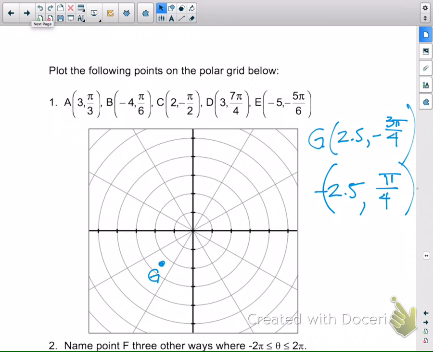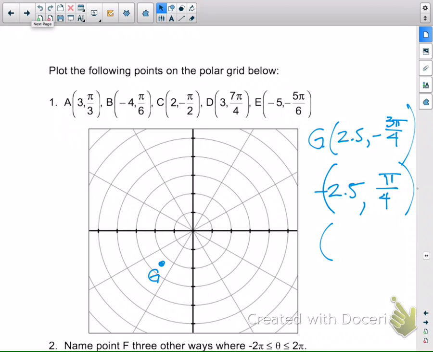Any other ways people have found? I know another way. I don't know how to say it. Okay, so just explain to me where you're going on it then. Are you going clockwise or counterclockwise? Counterclockwise. Okay.